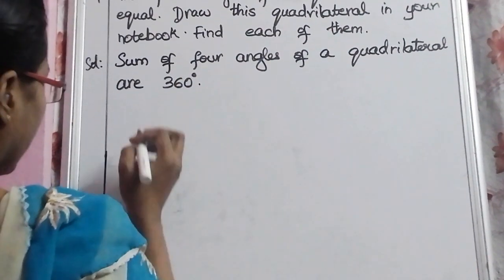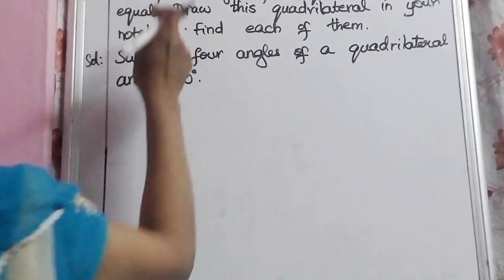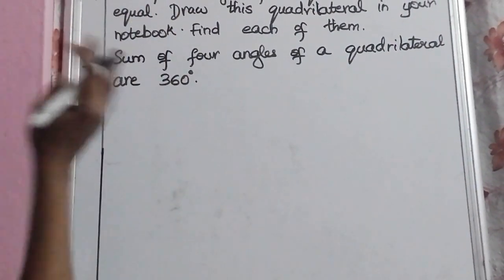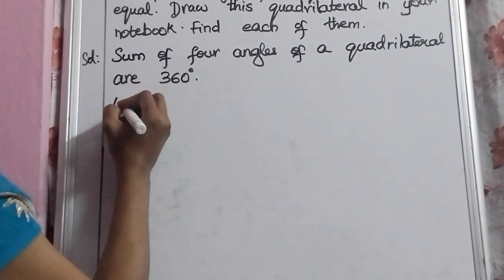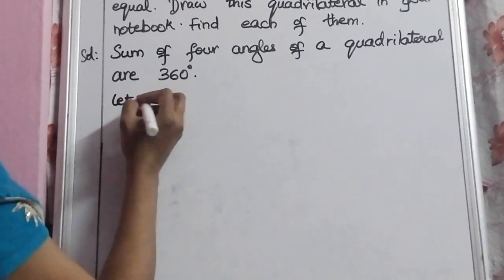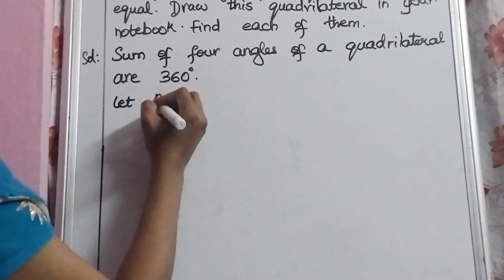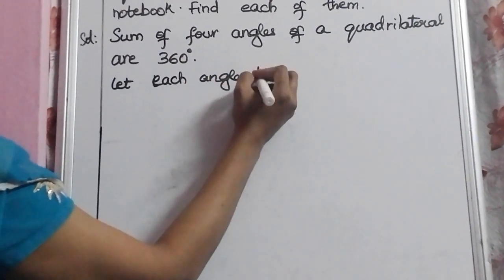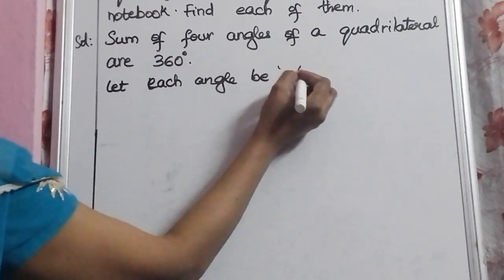360 degrees. Now here they have given the 4 angles of a quadrilateral are equal. 4 angles are equal. So let each angle be x. I am taking the variable x.